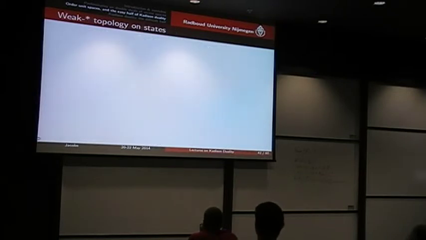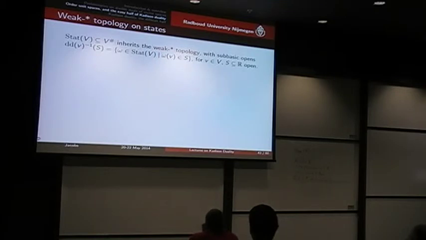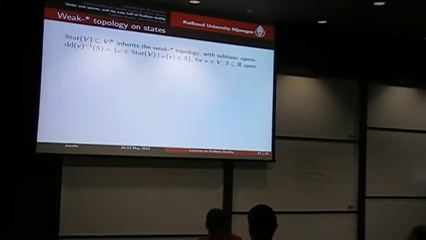If I remember well, that's the next slide indeed. The states on this space of linear functionals, this bounded linear functional, form a nice compact set in the weak star topology, which just to remind you is given in this way.